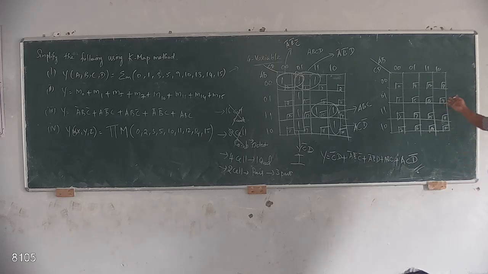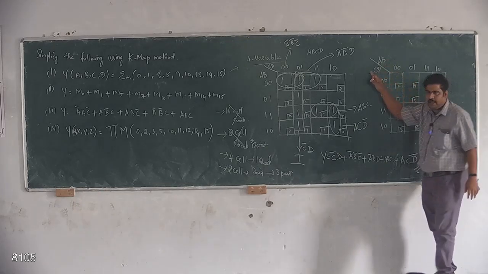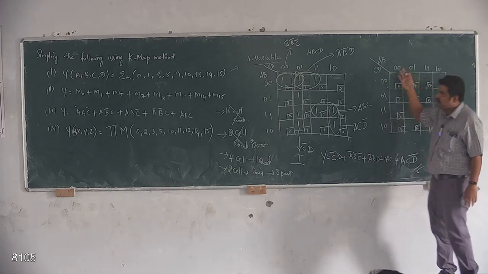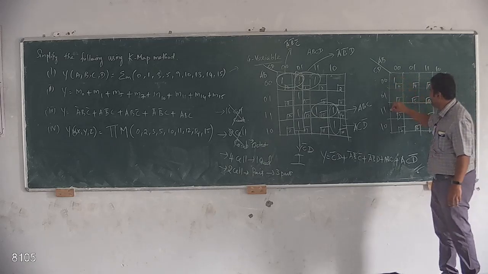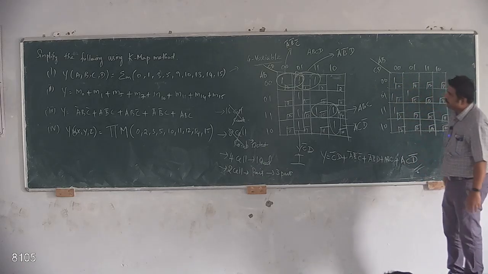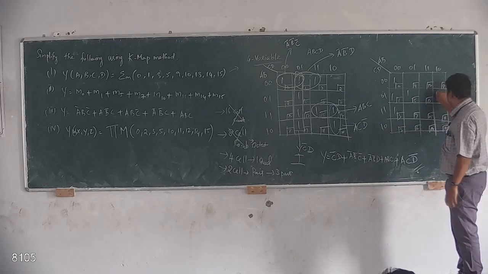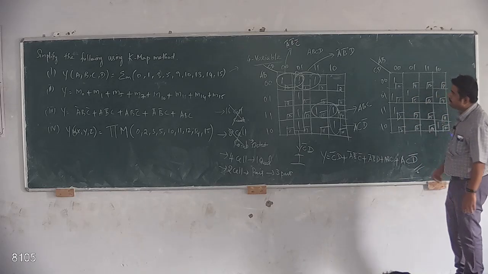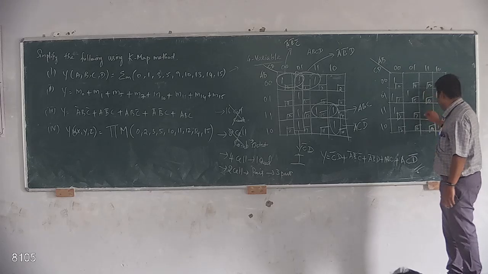The same question, I am using another approach. Suppose you mistakenly take AB here and CD here, the same answer is going to come. So what are the values? 0, 1, 3, 5, 9, 10, 13, 14, 15.